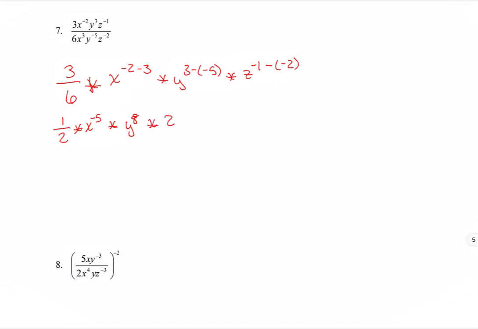Times z to the 1st. So this gives me y to the 8th z over 2x to the 5th.